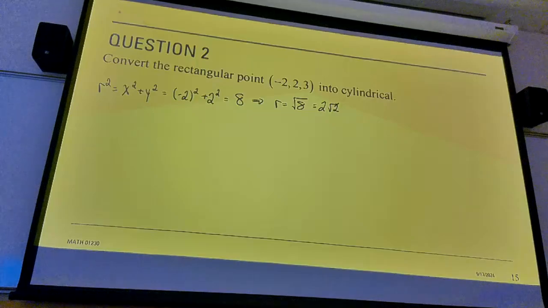Tangent theta is y over x. It's 2 over negative 2. There's a reason I'm going to leave it in that form for now. So look at the points. What quadrant are we in?